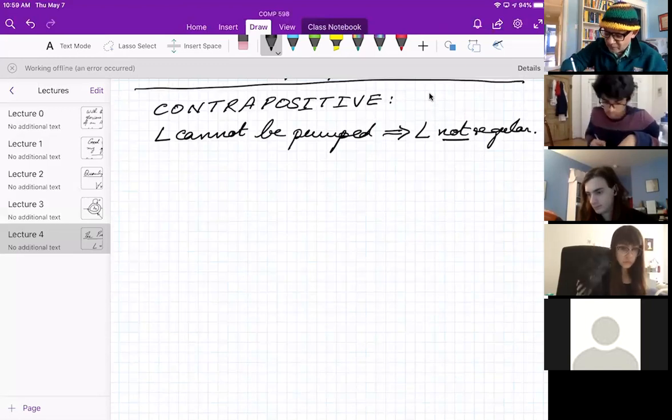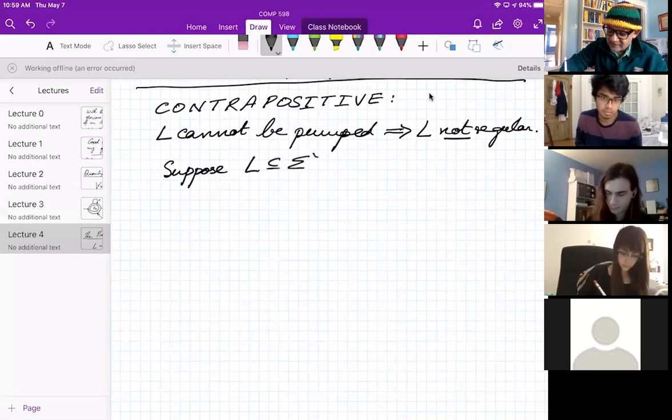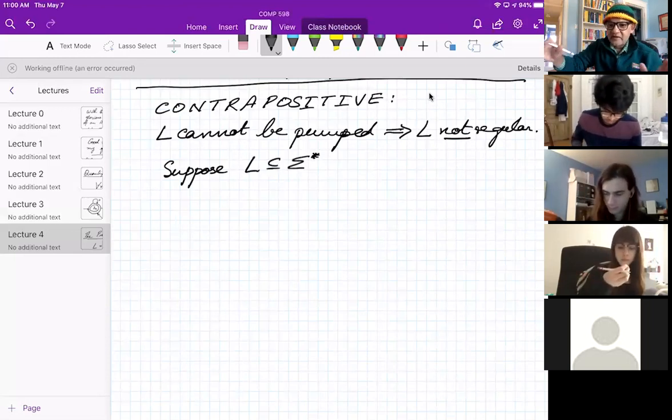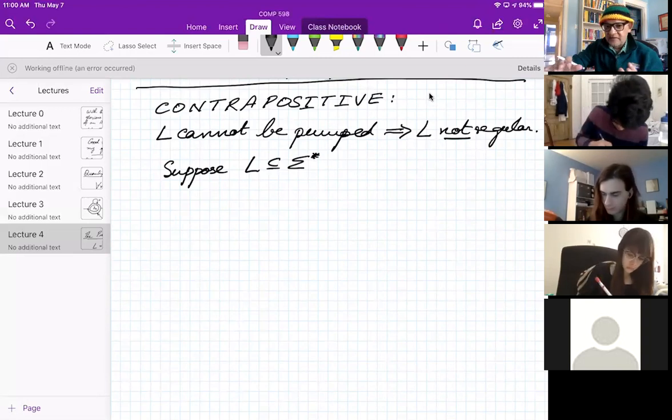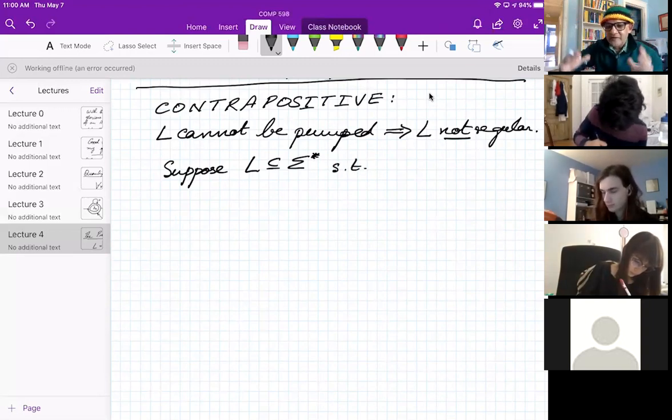So we'll say, suppose L is a language in sigma star, a subset of sigma star. I'm not saying anything about regularity now. L is any old language such that, so how do we negate a statement with lots of quantifiers?